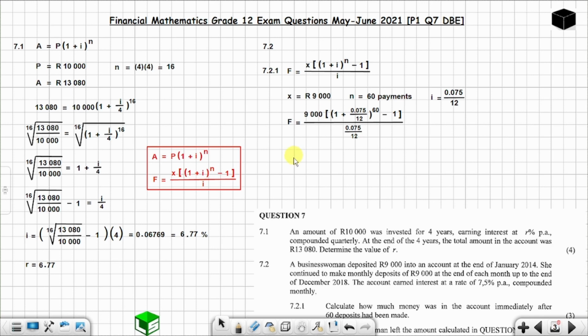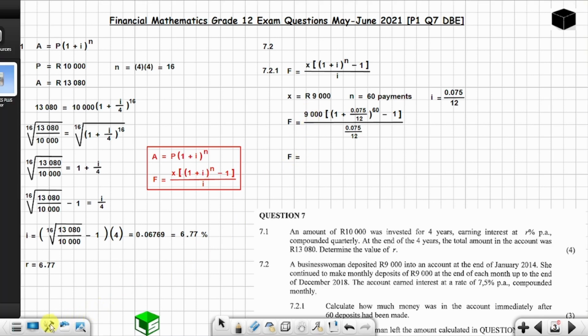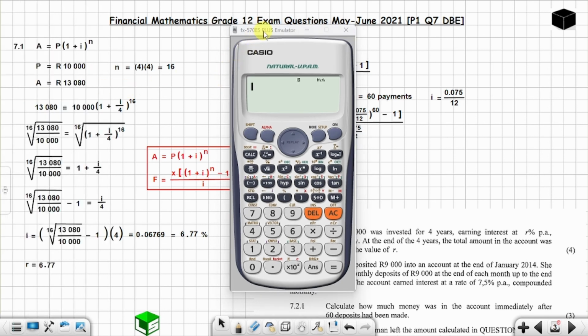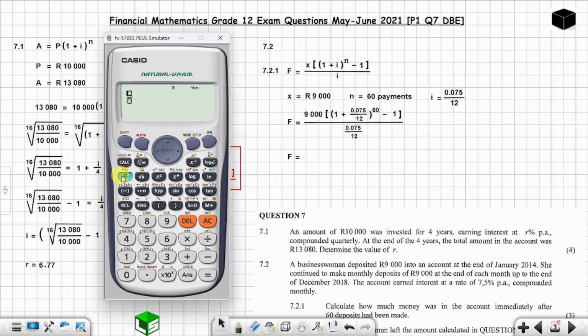Okay, so F is equal to, let me plug this in my emulator. So I have 9,000 there. I've got this 1 plus 0.075 over 12.